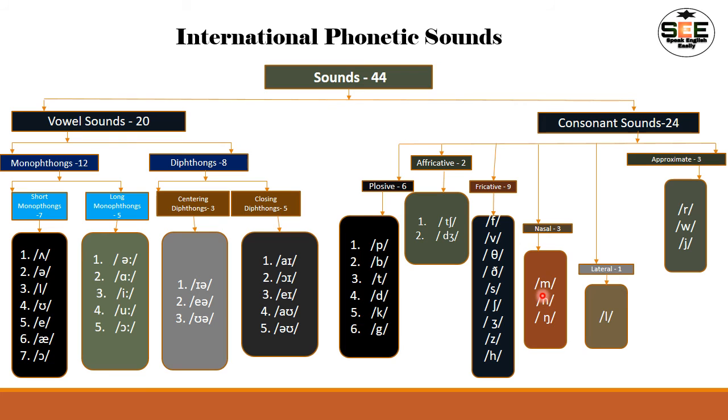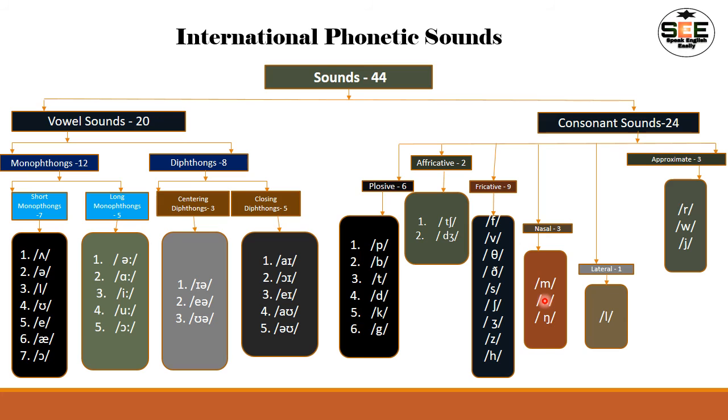So it is number one, it is three sounds. So it is number one m, and it is n. It is symbolized with n, and it is like n and g combined, so it is known as ng. Okay, ng.